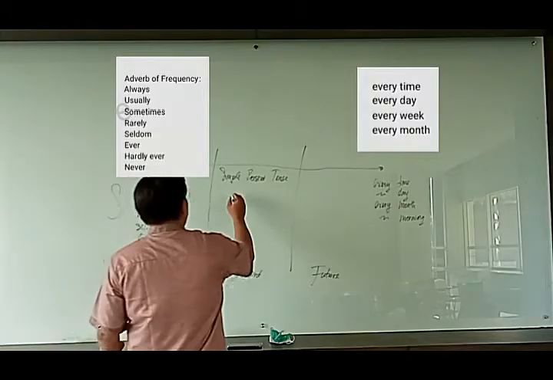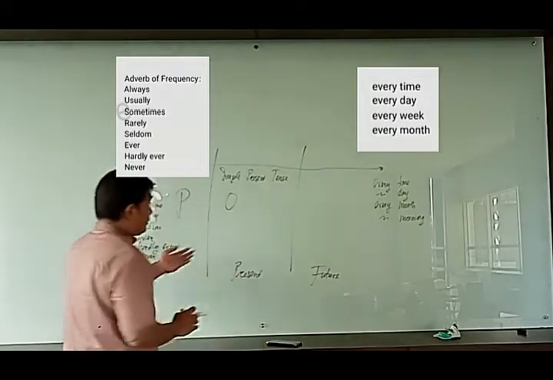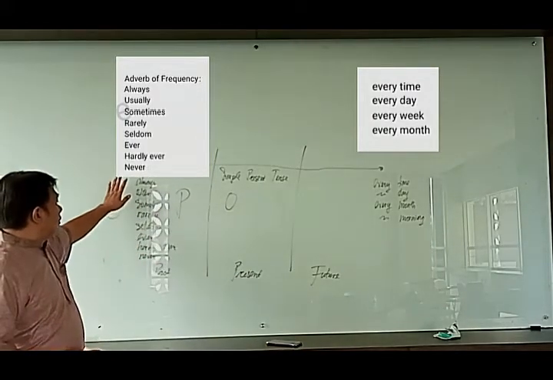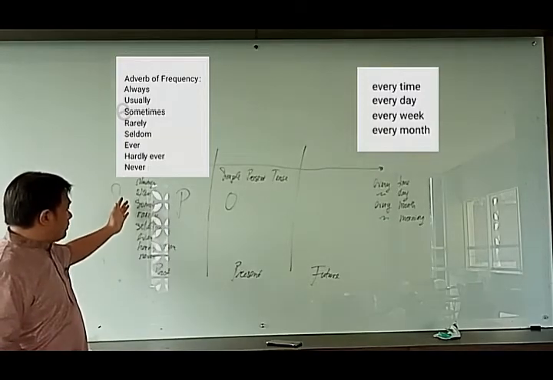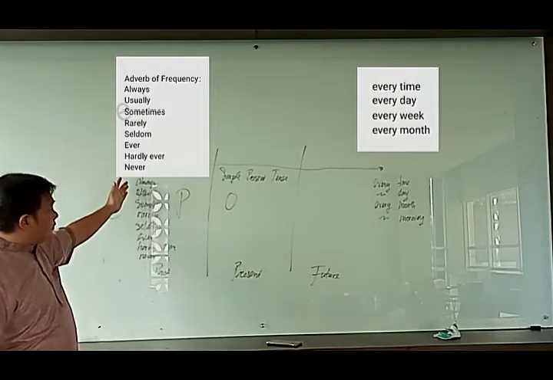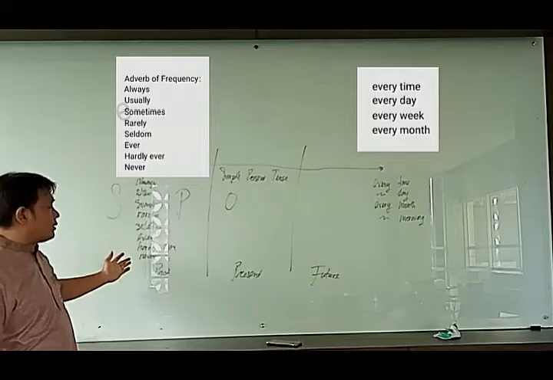We have object. Beside adverb of time at the present, there are some adverb of frequencies here, from always, often, sometimes, rarely, seldom, ever, hardly ever, and never.